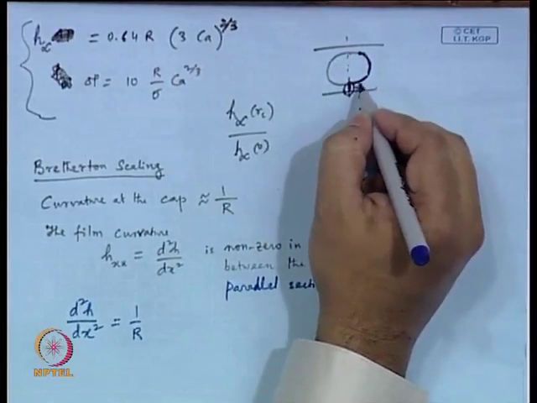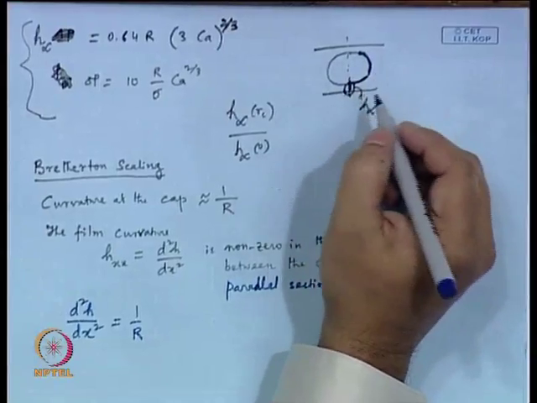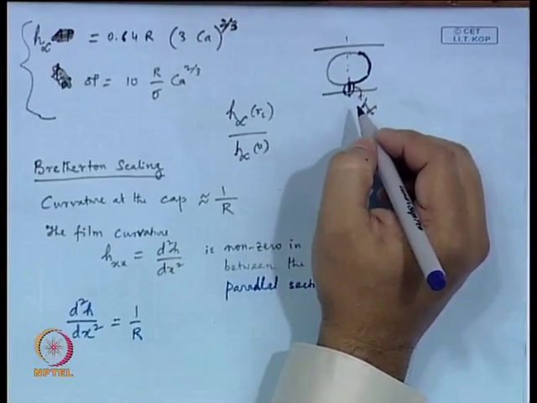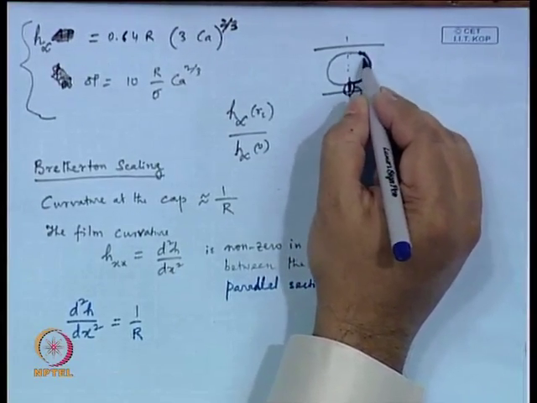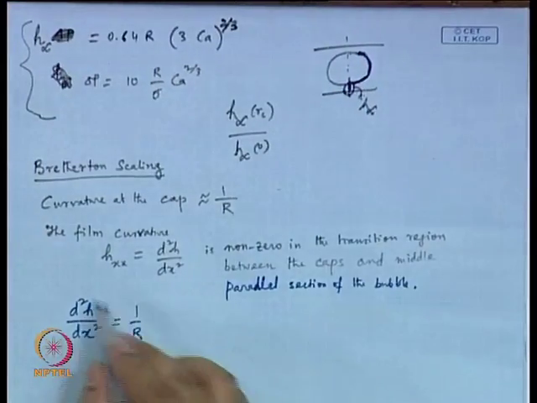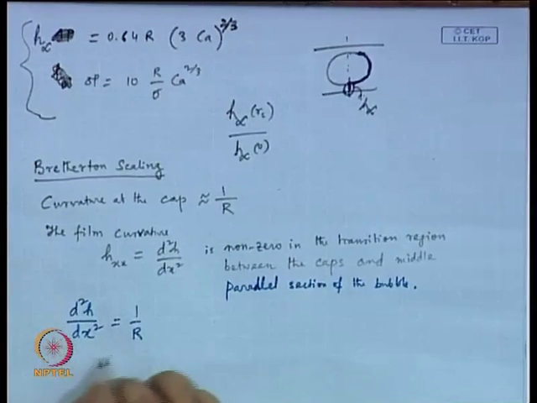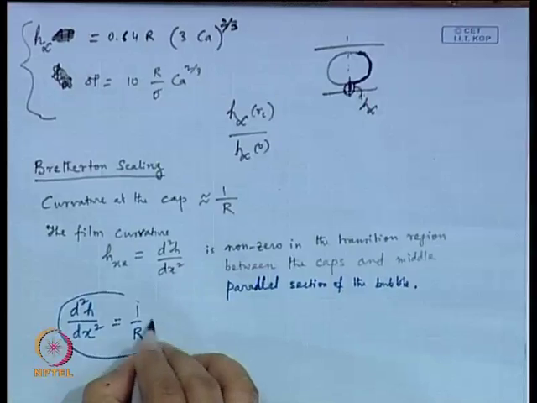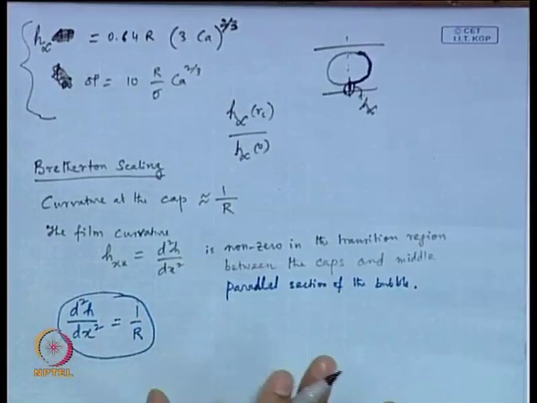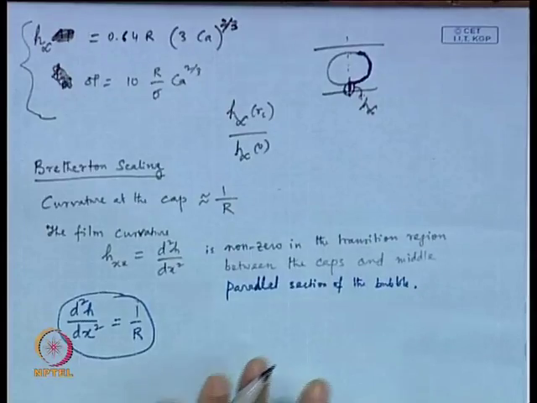So, if somebody wants to know what is the approximate h as far as this bubble and annular region is concerned, then what one should do is equate this with this and try to find out how h depends. Now, what they have done is they equated this, they are trying to find out what would be the scale of h, what would be an approximate order of magnitude as far as this h is concerned.